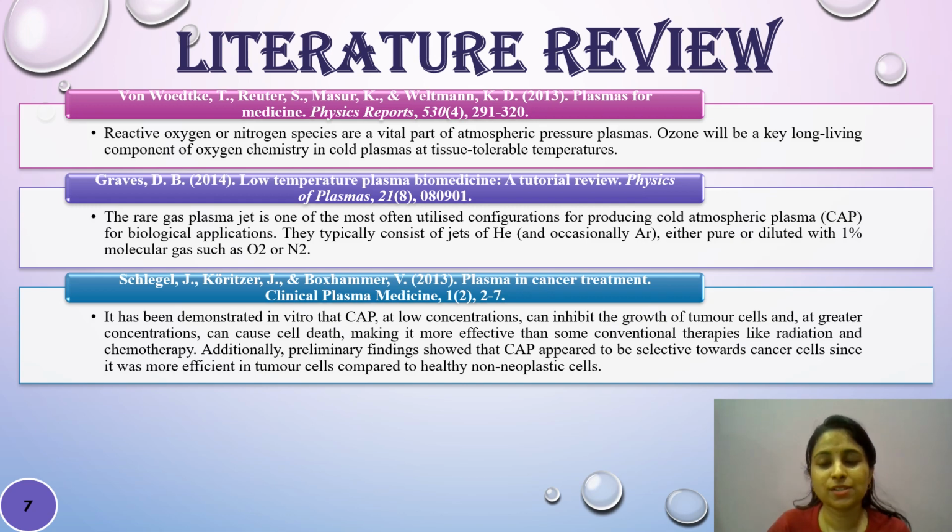They typically consist of jets of helium and occasionally argon, either pure or diluted with 1% molecular gas such as oxygen or nitrogen. In addition, Schlegel has demonstrated in vitro that CAP at low concentrations can inhibit the growth of tumor cells and at greater concentration can cause cell death, making it more effective than some conventional therapies like radiation and chemotherapy.